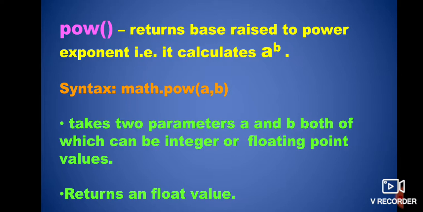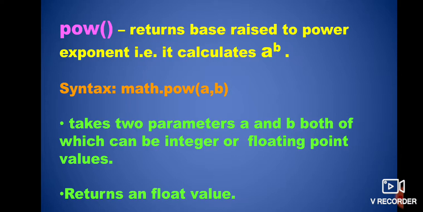Okay, now what does this function do? This function takes two parameters a and b, both of which can be integer as well as floating point values, and it returns the result in the form of a float value only. Now here is the difference between the inbuilt pow function and the pow function of the math module.